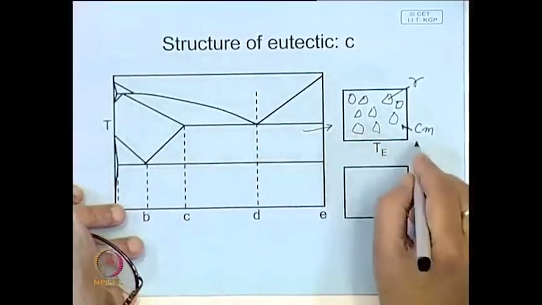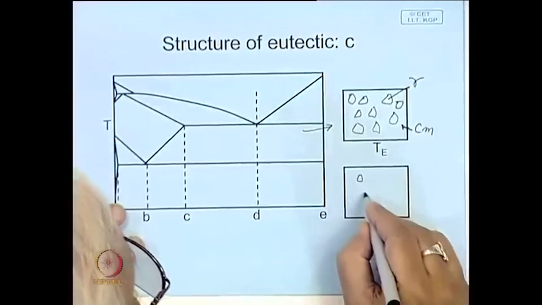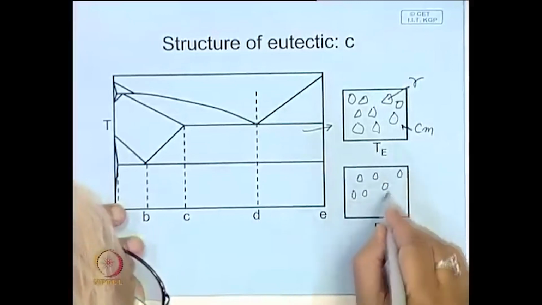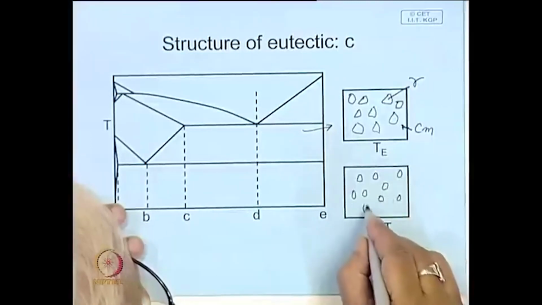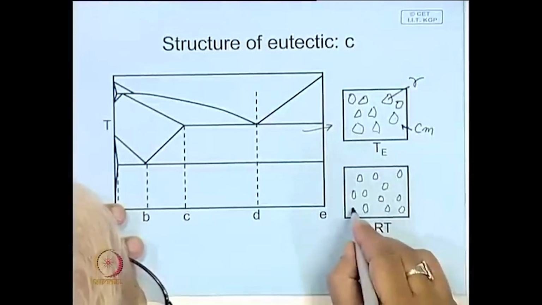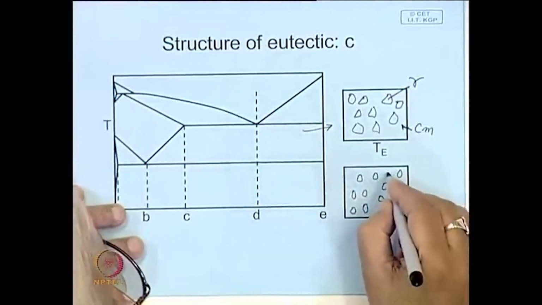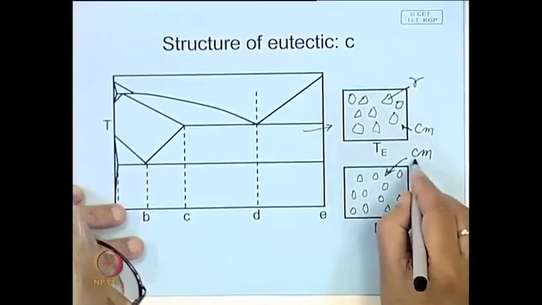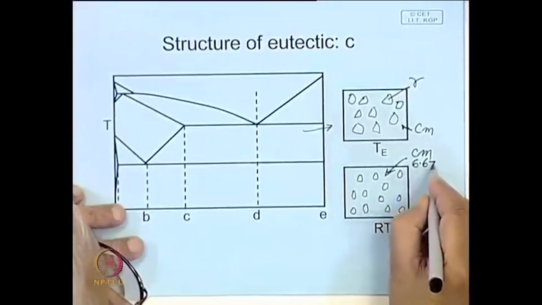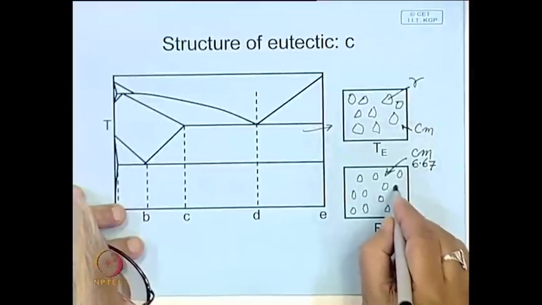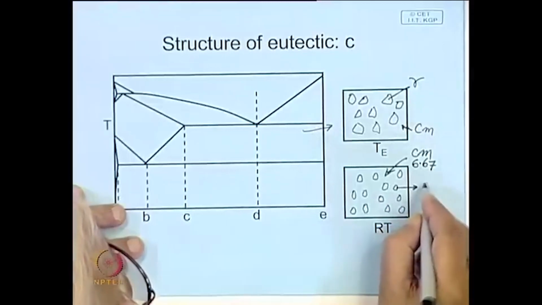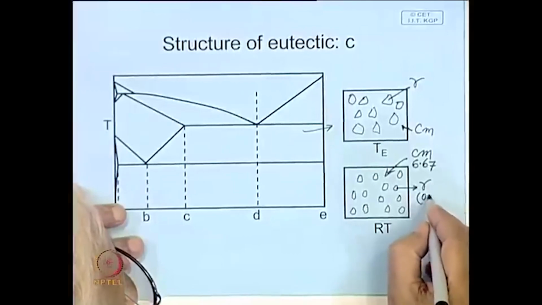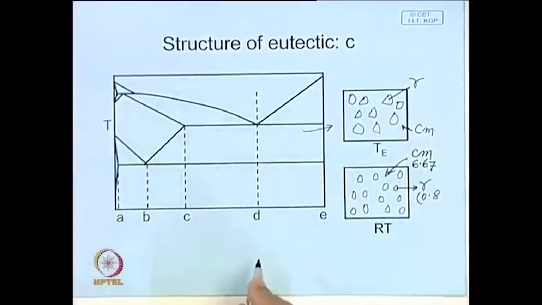So, they become smaller, and at eutectoid temperature this is cementite, which has a definite carbon content of 6.67, and you have some of this austenite with carbon content 0.8%.